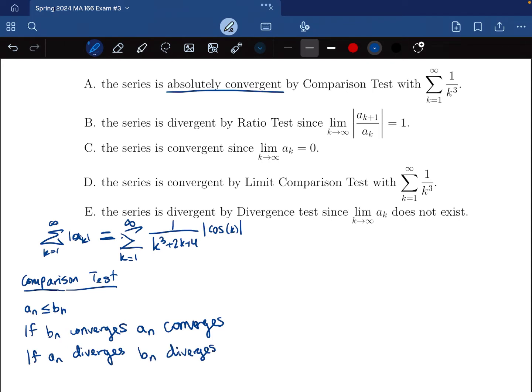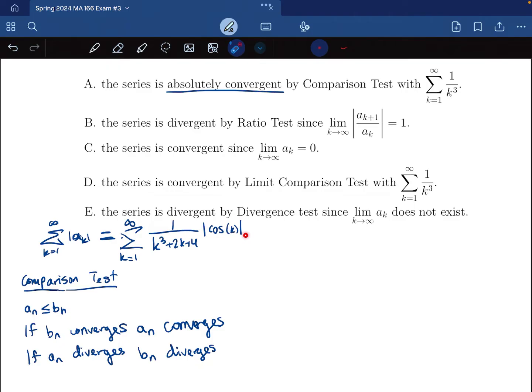In this case, 1 over k cubed is greater than this expression here. The reason is that our denominator, k cubed plus 2k plus 4, is larger than k cubed, and in the numerator, the absolute value of cosine k is always between 0 and 1.